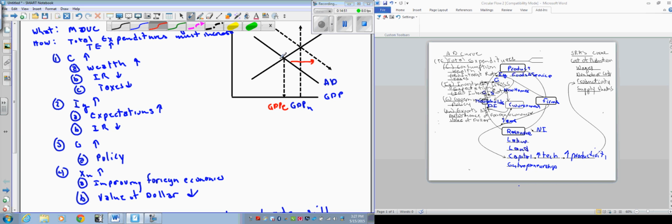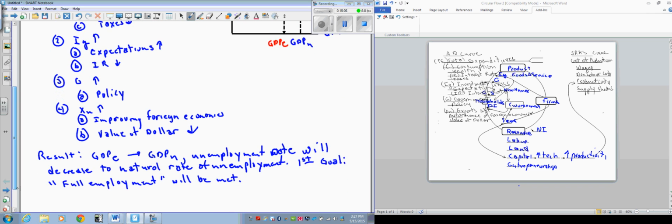Now the next thing that's going to go on here, if you notice, if we draw a line across here, this is the price level at this equilibrium. When we get to our new equilibrium, that's the price level, and the price level has increased.